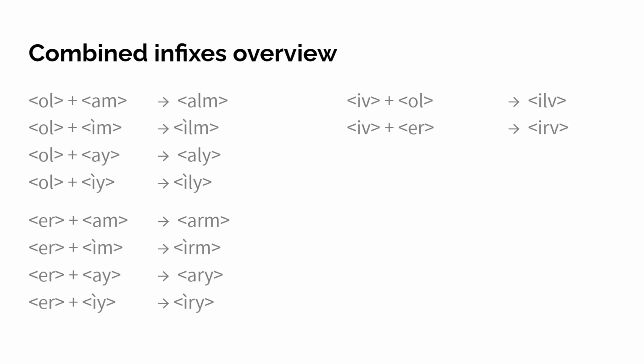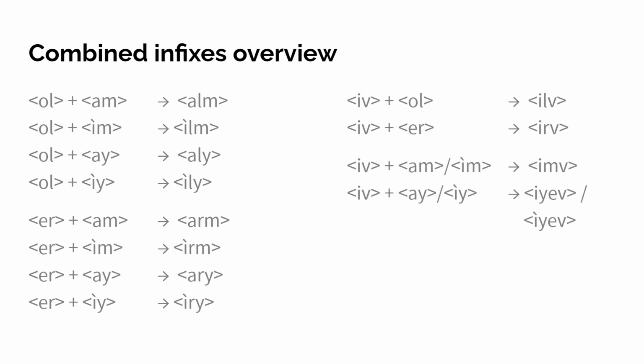Then, like I said, we have also our combinations with if. First of all, if plus o is if plus is irf. And with the tense infixes, note that there's only one for the past and one for the future. So in combination with if, we don't distinguish between recent or near and general.